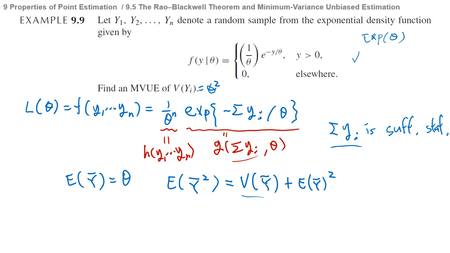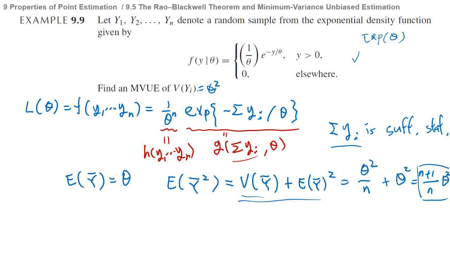So from that formula, the variance of y bar is theta square over n, and the expected value of y bar is theta, so its square is theta square, and so this is n plus 1 over n times theta square.